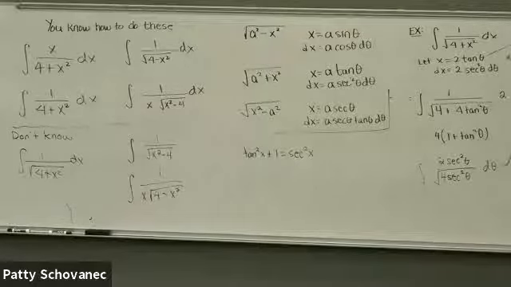So make the hypotenuse x, make the adjacent side 3. The leg squared plus 9 is x squared, so this leg is going to be the square root of x squared minus 9.